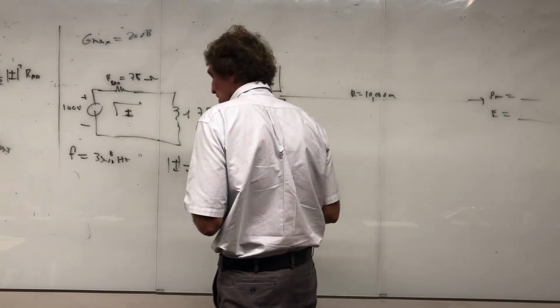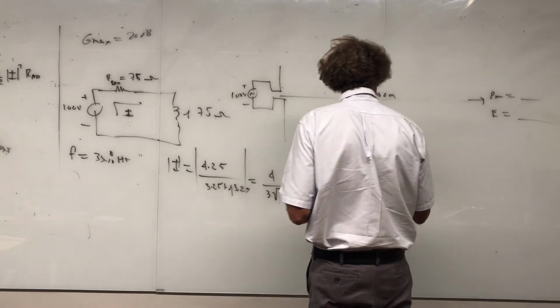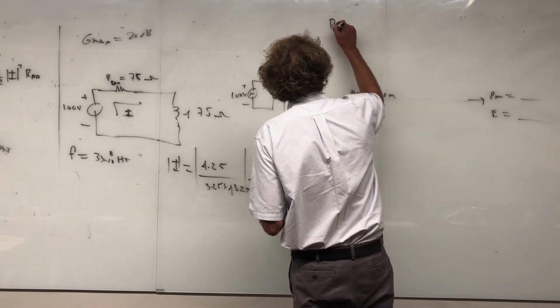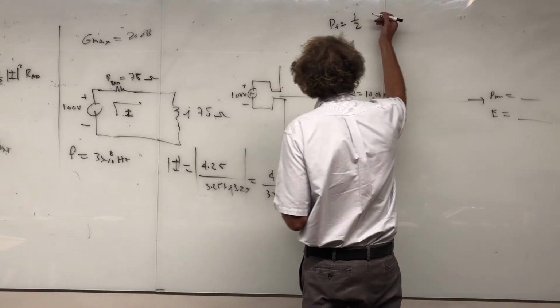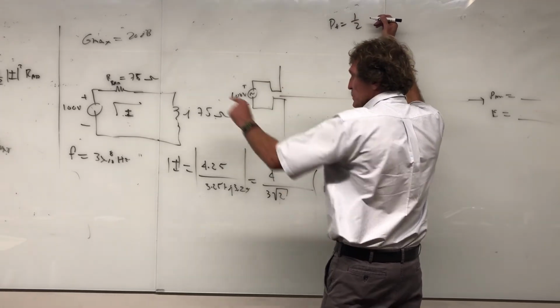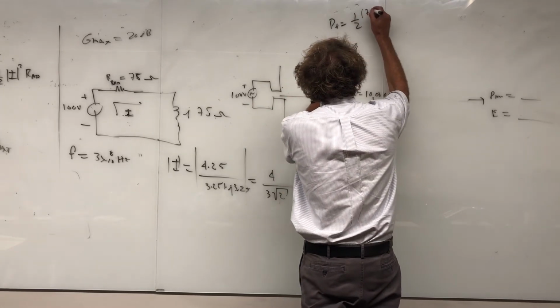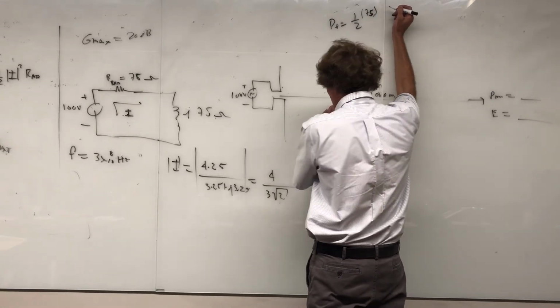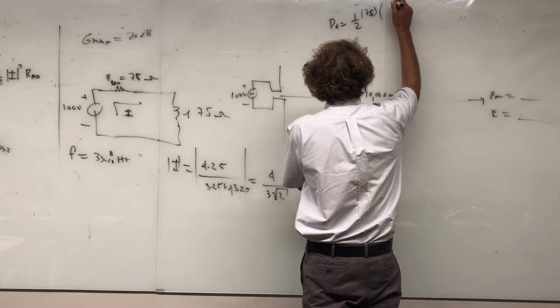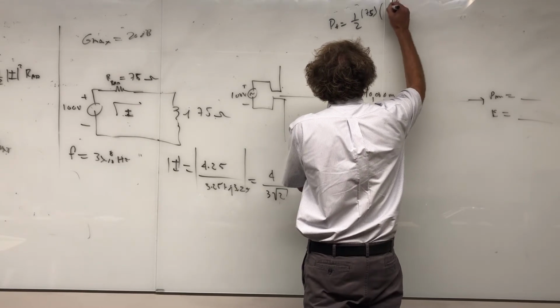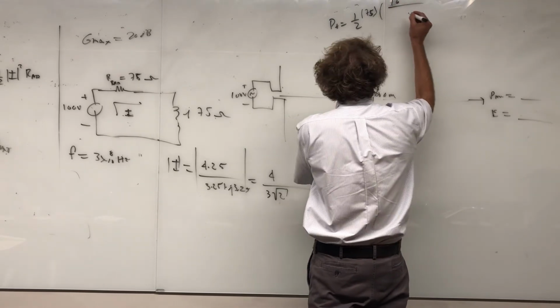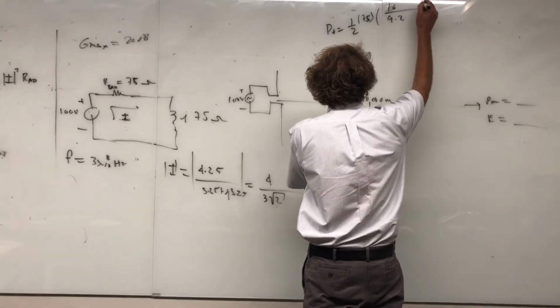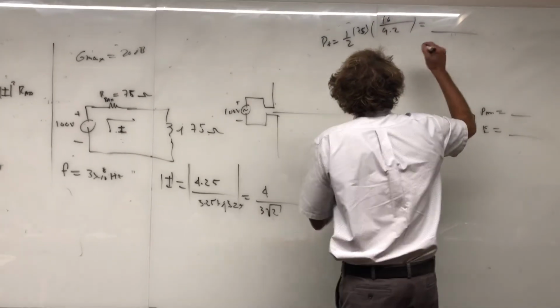After that, what's the transmitted power? Well, that would be 1/2 times the radiation resistance, 75, times this squared. So I have times 16 over 9 times 2, because I have to square this.